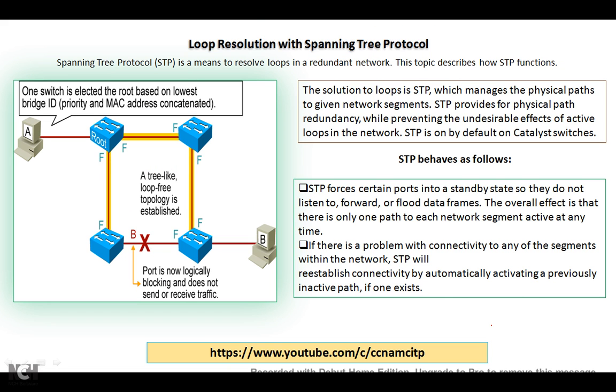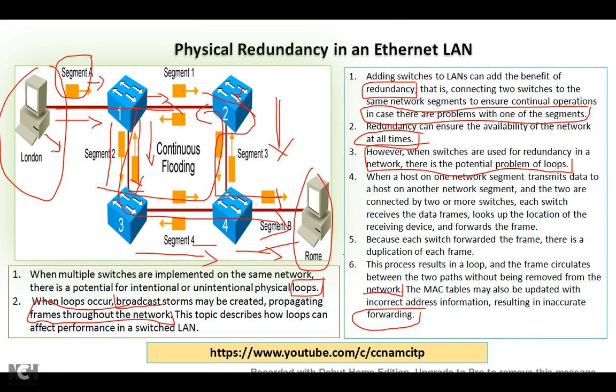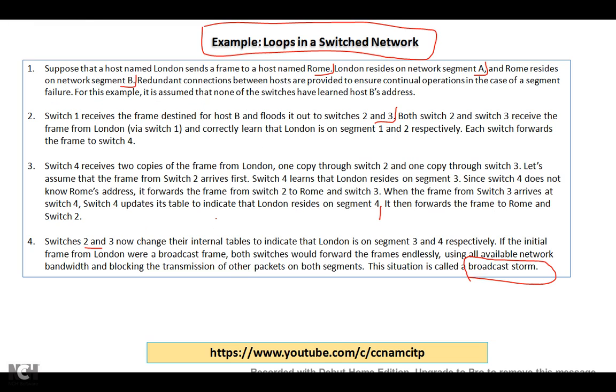Look here, now the concept of spanning tree is coming. So how does it resolve this looping, and how is it useful to avoid this loop occurrence and this incorrect information traveling across the network, or how to avoid this broadcast storm by using spanning tree?